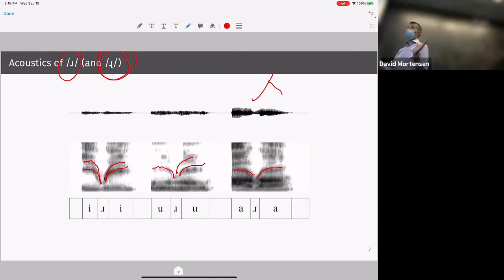So when I make you read spectrograms on the midterm, which I'm going to do, but don't worry, I'll provide lots of scaffolding. You'll just have to match a word to a spectrogram. But one clue is to look for dips like this. And that's a sure sign of an R.